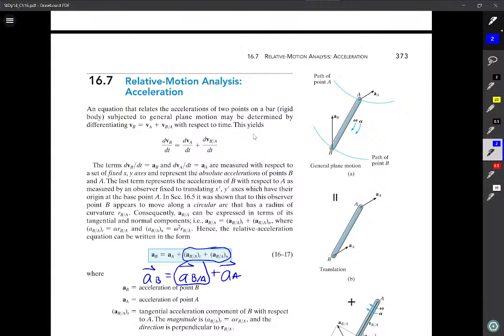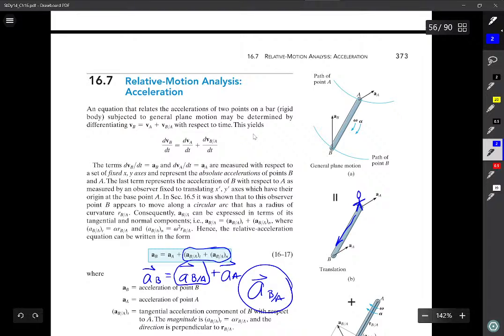We have to remember what this term is, the acceleration of B relative to A. In other words, you are sitting right here on A, looking at B, and saying, how is it accelerating relative to me?